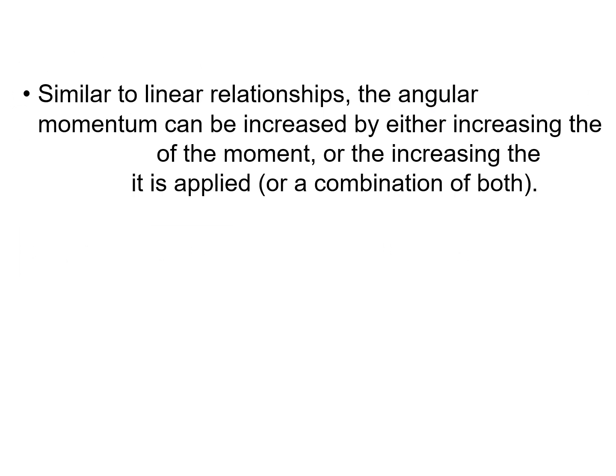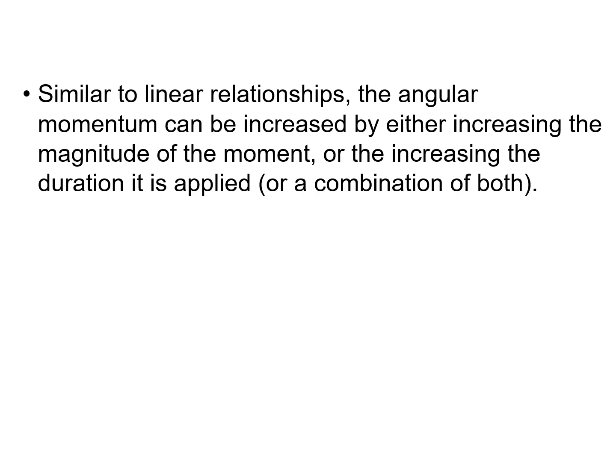So finally, this is the take-home message. Similar to linear relationships, the angular momentum can be increased by either increasing the magnitude of the moment or increasing the duration that it is applied, or a combination of both. This is similar to impulse in a linear fashion.